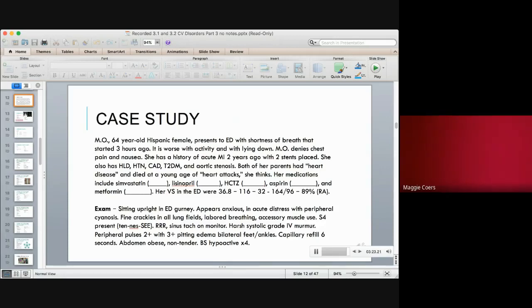Her capillary refill is elevated. She's got those crackles in her lung field, the shortness of breath, the cyanosis in her periphery. So she's got a lot of extra fluid on board, and she's not circulating enough oxygen to her tissues. Also, her bowel sounds are hypoactive, so the gut isn't getting a lot of blood flow as well.